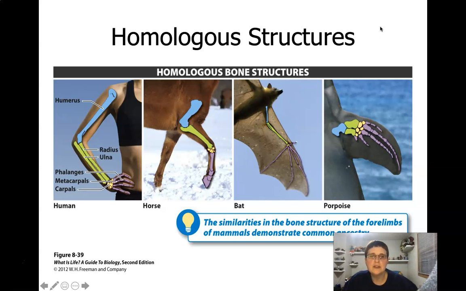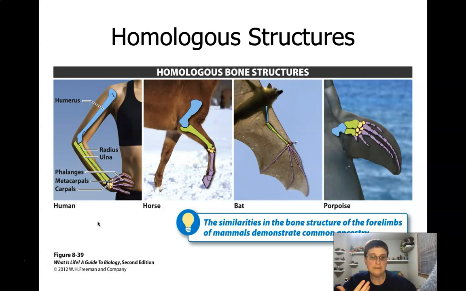Continuing with homologous structures, there are homologous structures in adult forms as well. So these four organisms, human, horse, bat, and porpoise, they are all showing off their homologous structure. Now, if I didn't have the picture with the bones showing up like this, would you think that these four structures were homologous, that they were similar to each other in any way?